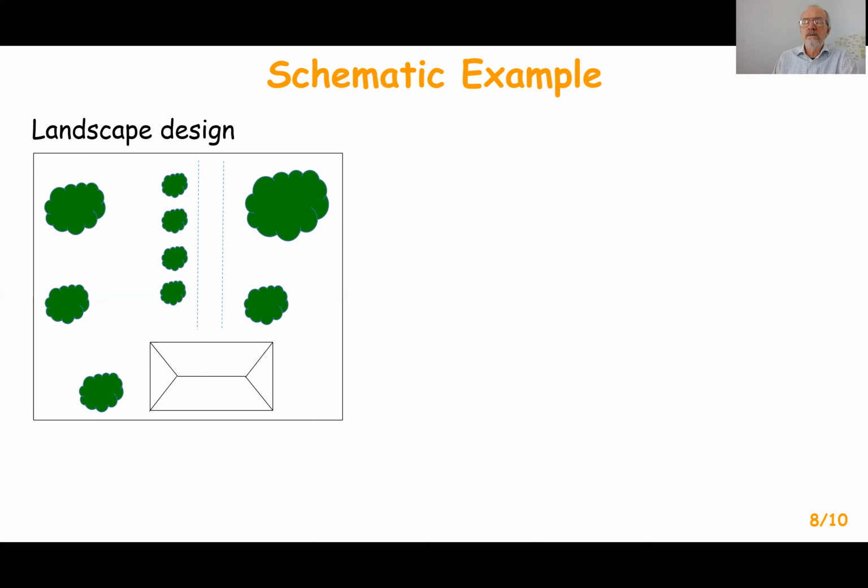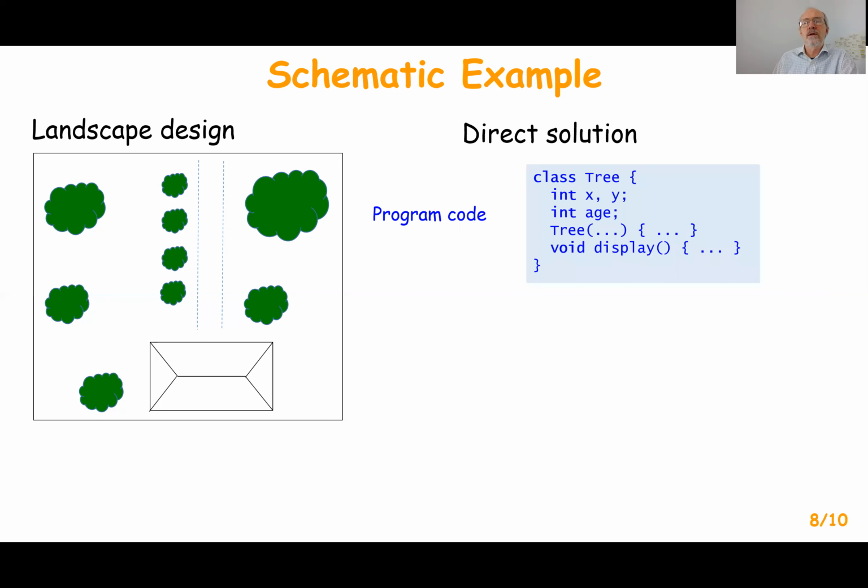Okay, so what is the first approach, the direct solution? For each planting within this area, we create a class. Well, I've called it Tree. The class has obvious attributes, coordinates and the age of a tree.